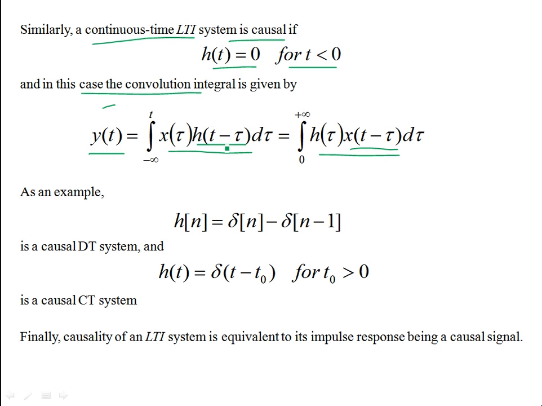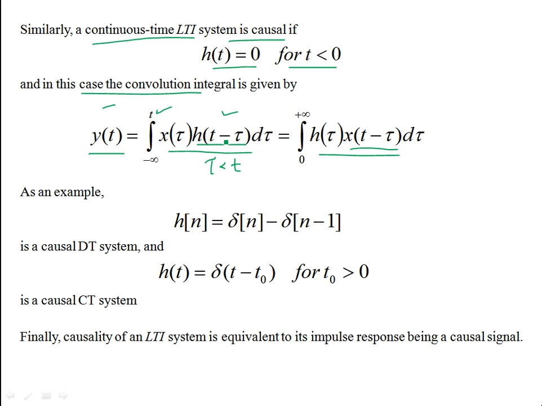But now consider the first convolution integral. Tau should be less than t, so that the argument of h of t minus tau stays positive. Therefore, the upper limit of the integration has to be limited to t, from minus infinity to t.